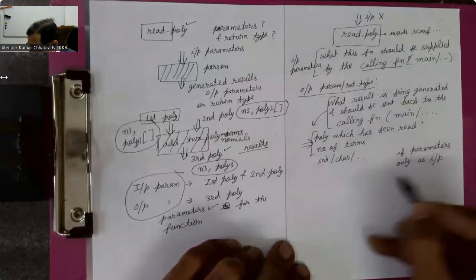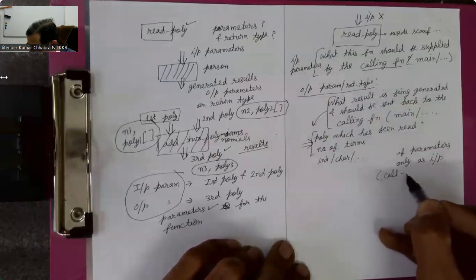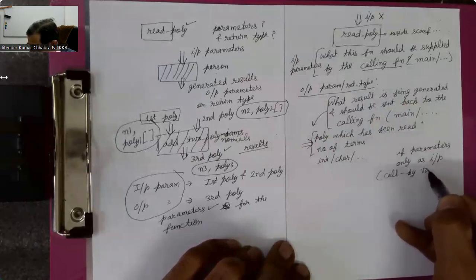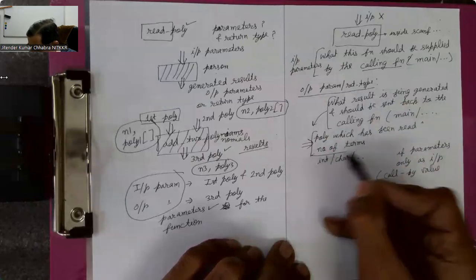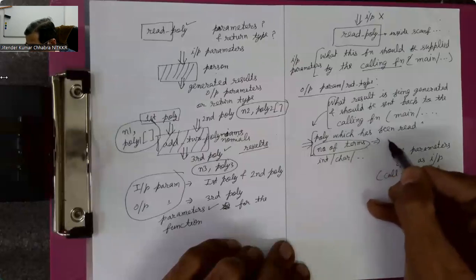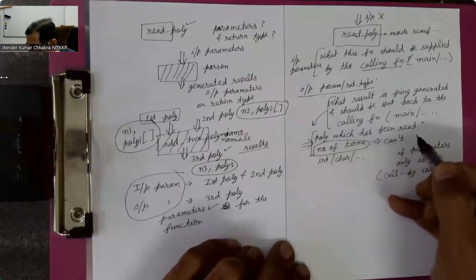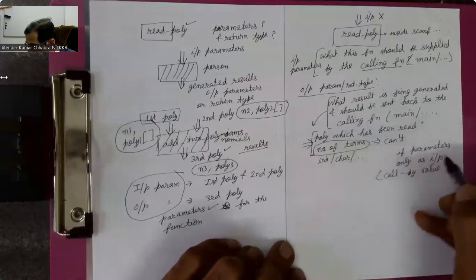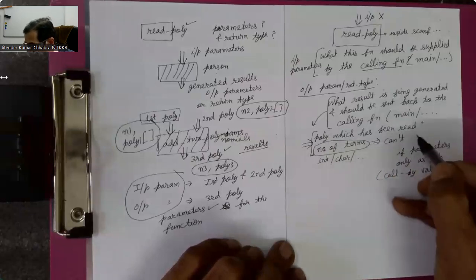And the reason for that is they are passed as call by value. Hence, the number of terms cannot be a parameter, because it cannot be used to return a value. It can be used to supply a value.